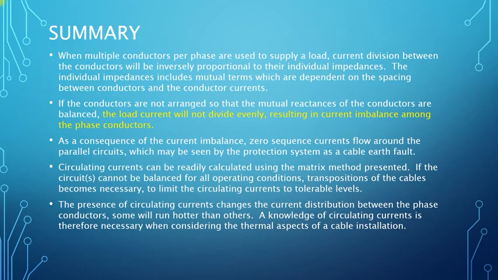And this can result in current imbalance among the phase conductors. As a consequence of current imbalance, zero sequence currents can flow around the parallel circuits. And this can be seen by the protection systems for the cables, and it may be interpreted as a cable earth fault.